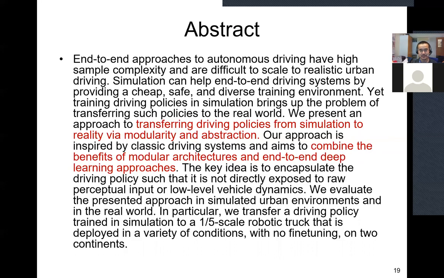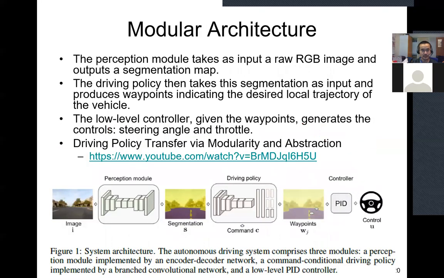It encapsulates the driving policy such that it's not directly exposed to raw perceptual input or low-level vehicle dynamics. And these are experiments on the real robotic truck, and it works well on 2 continents.